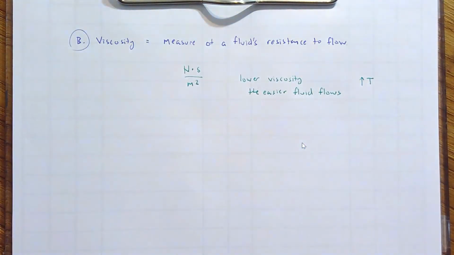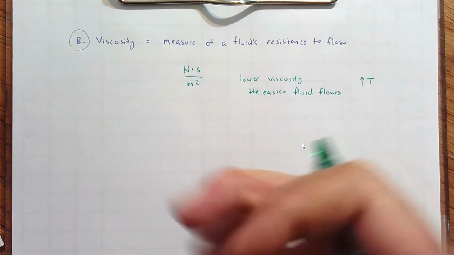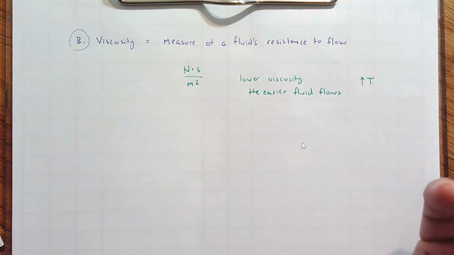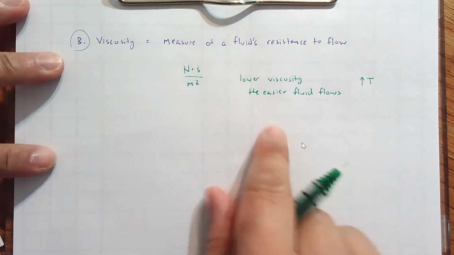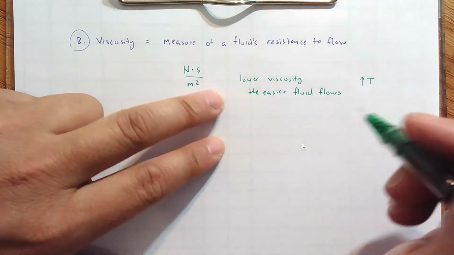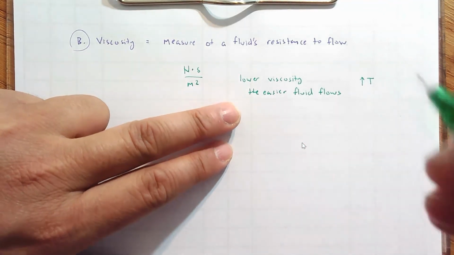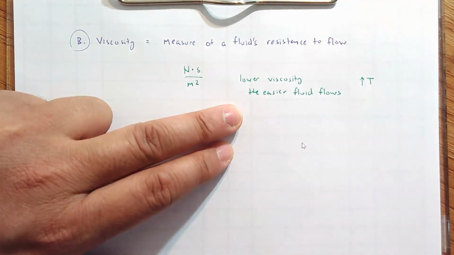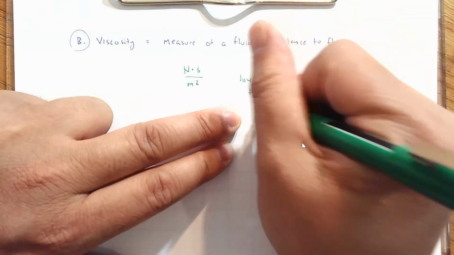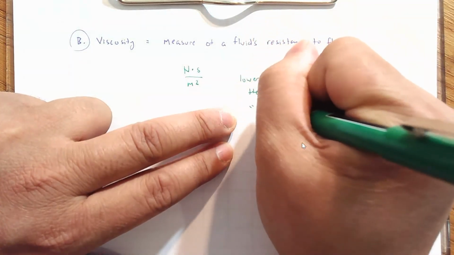For instance, if you have maple syrup for your pancakes, taking them right out of the refrigerator, it doesn't flow very easily. It's kind of thick. But if you warm it up, it becomes thinner and has a lower viscosity and flows easier. So you're making the liquid thinner.